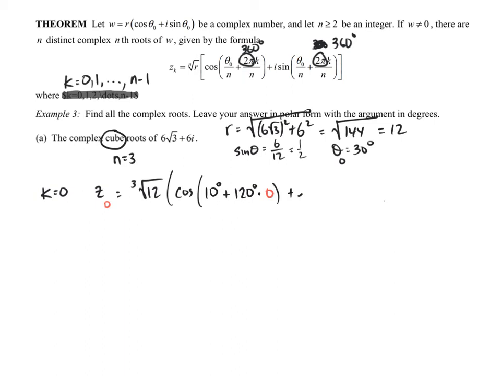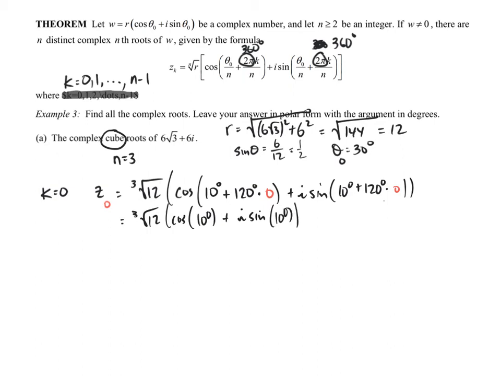Then I'm going to have plus i times sine of the same thing: 10 degrees plus 120 degrees multiplied by k, which for this one is 0. Once I simplify those numbers inside the parentheses, I'm done with z sub 0. So it's the cube root of 12 multiplied by cosine of 10 degrees plus i times the sine of 10 degrees, since 120 times 0 just cancels out.